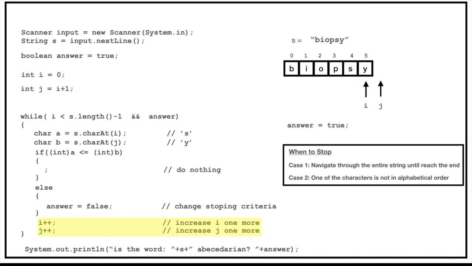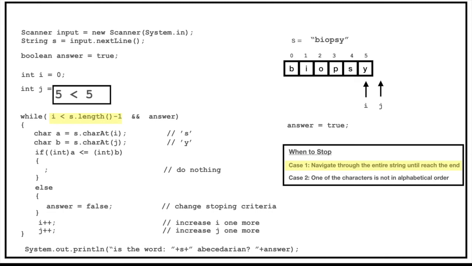And I want you to pay attention in the next iteration, because here notice that I reach the very last position, which index wise is 5, right? Remember that the length of this string is 6. But notice that the next condition when we loop back is 5. Here we have to compare, is 5 less than s.length, which is 6, minus 1, which is basically asking, is 5 less than 5?